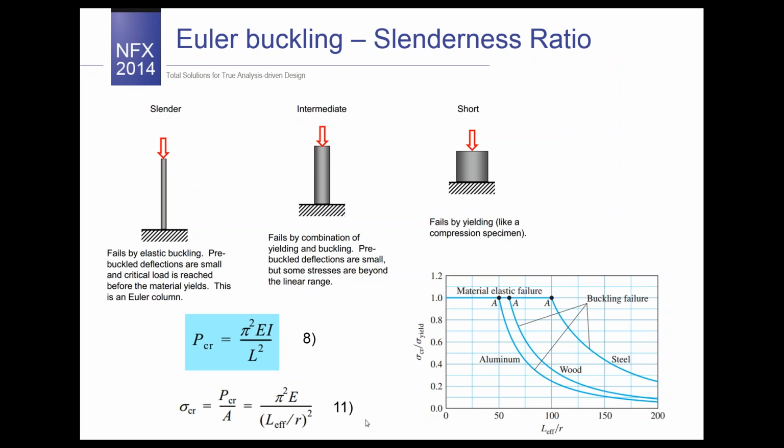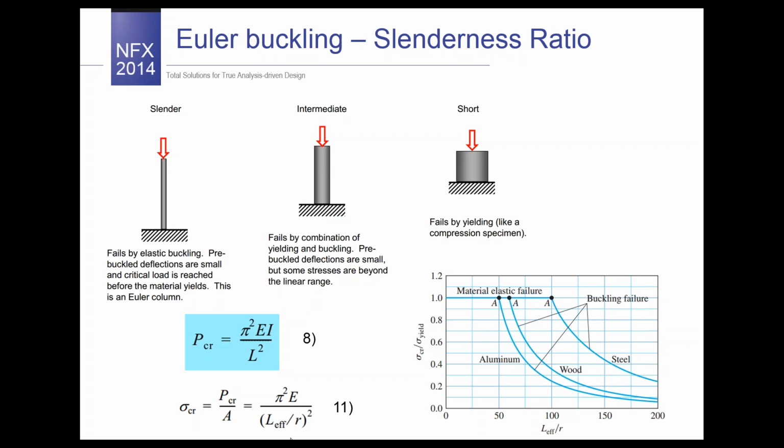In equation number 8, as I said, the expression I can be replaced by the area multiplied by the radius of gyration squared, and this expression stands for the slenderness ratio. Sigma critical is the compressive axial stress just before the column would buckle.